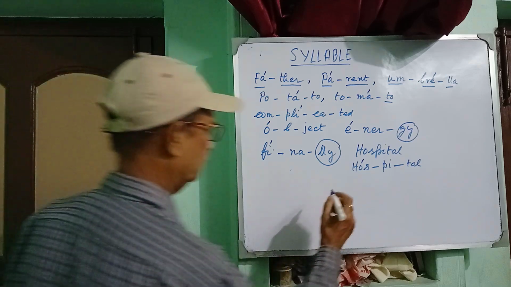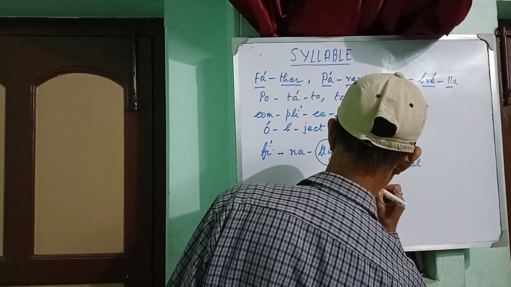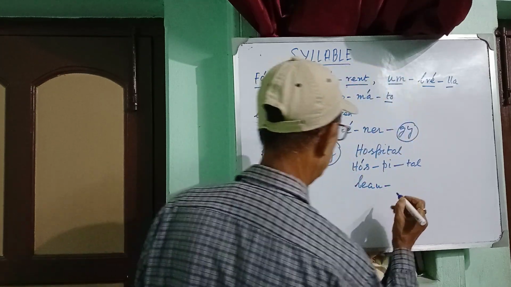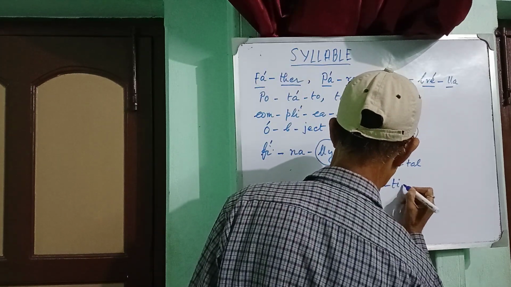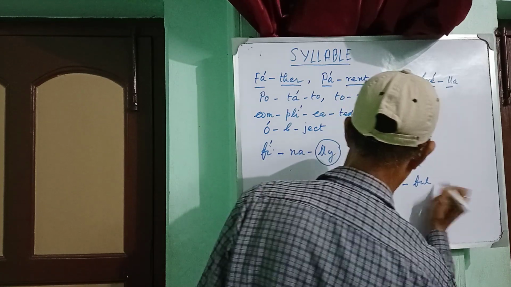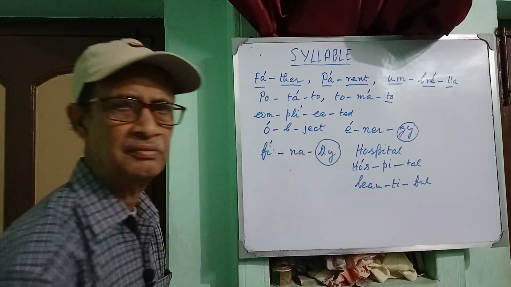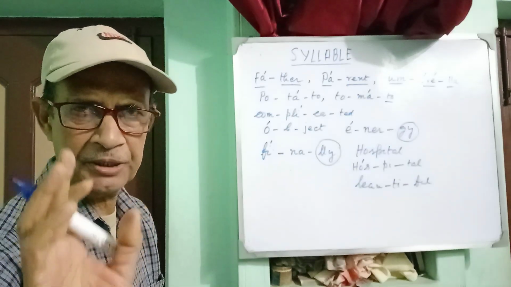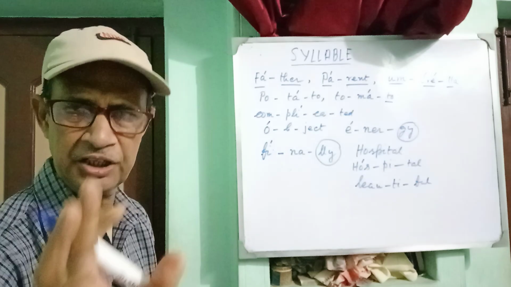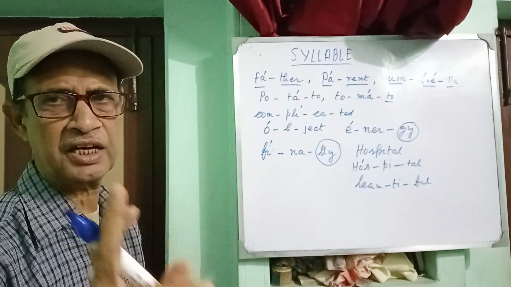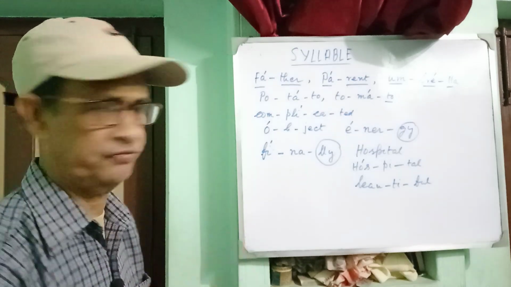Beautiful. It has a diphthong. E-A-U. It is a diphthong. There are three vowels, but it has the single pronunciation U. Beautiful.